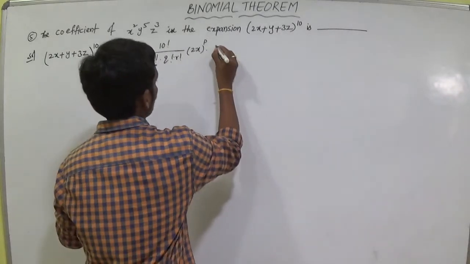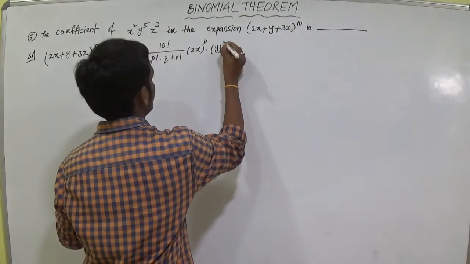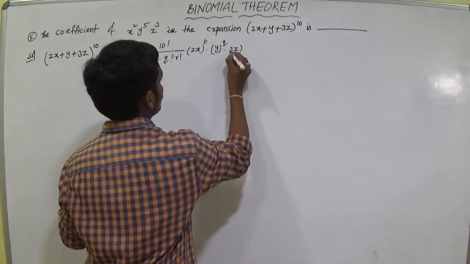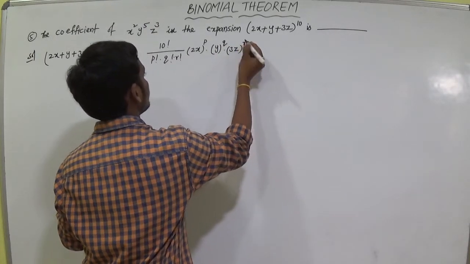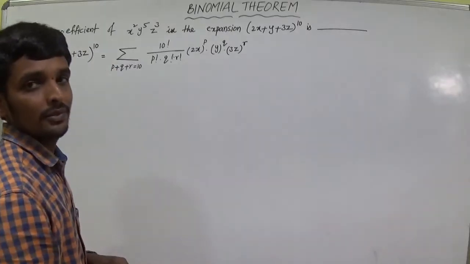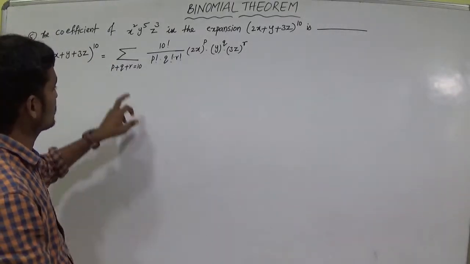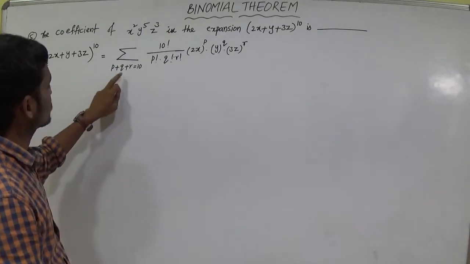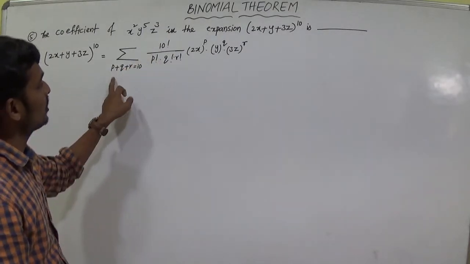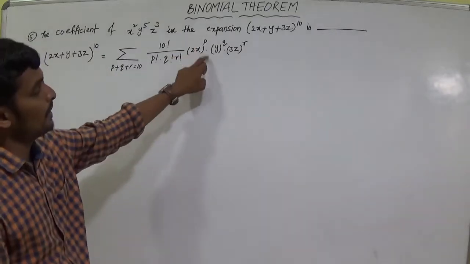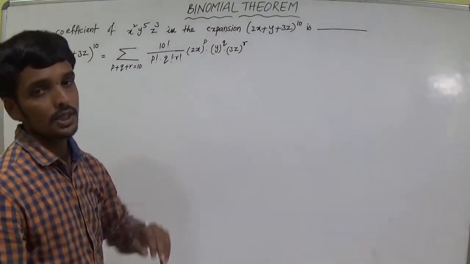And the next one, y power Q into 3z whole to the power of R. So remember the trinomial theorem: sigma P plus Q plus R is equal to 10, 10 factorial by P factorial into Q factorial into R factorial, first one 2x whole to the power of P into y power Q into 3z to the power of R.